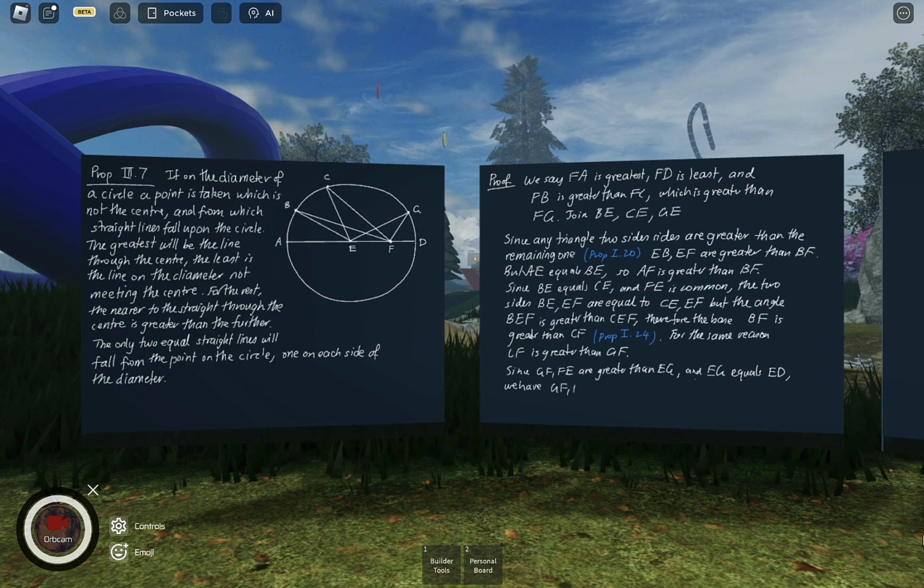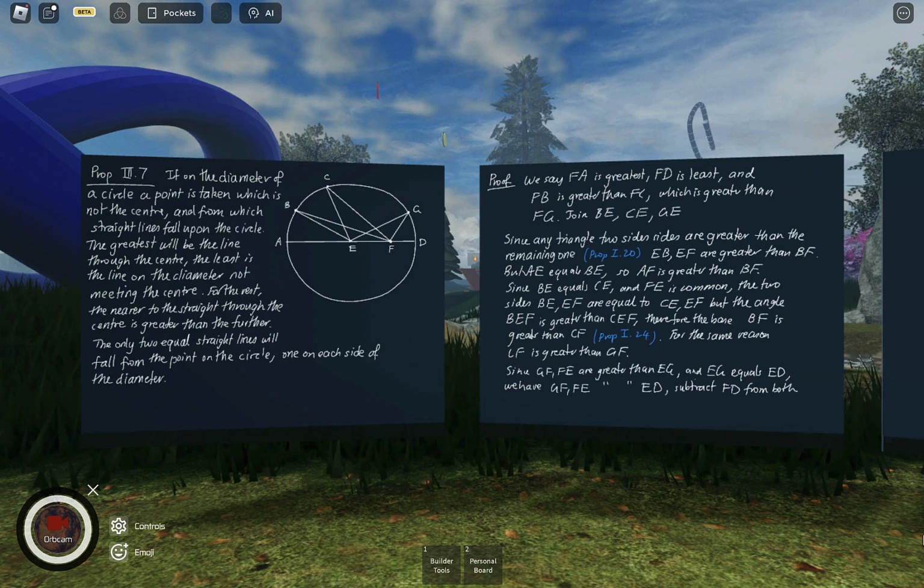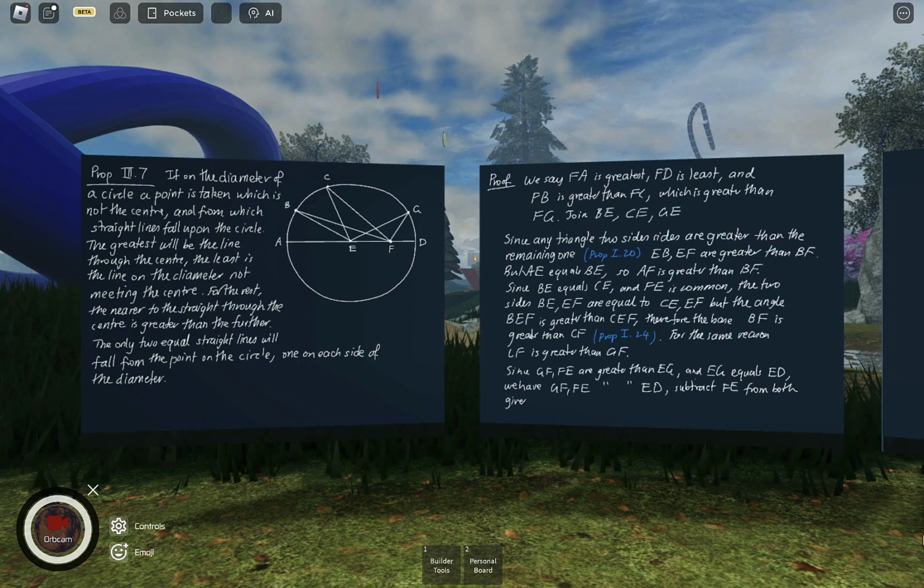We have GF and FE greater than ED. And now we can subtract FE from both. Gives GF greater than ED minus FE, which is FD.